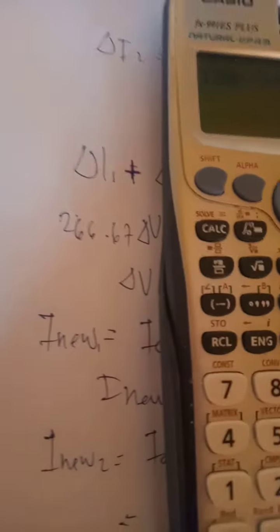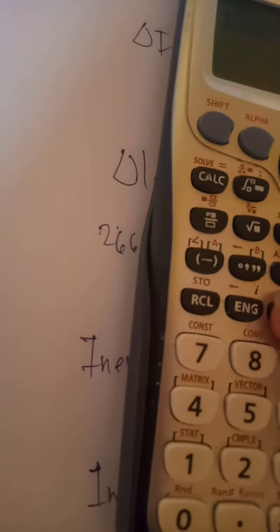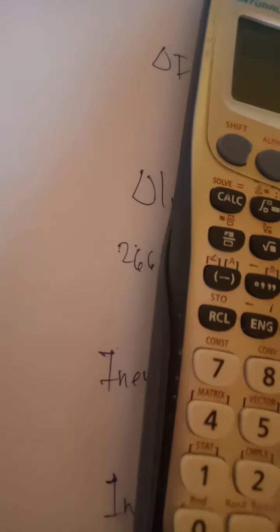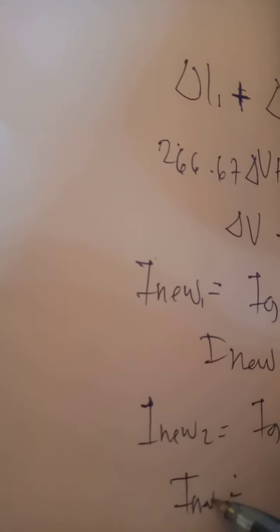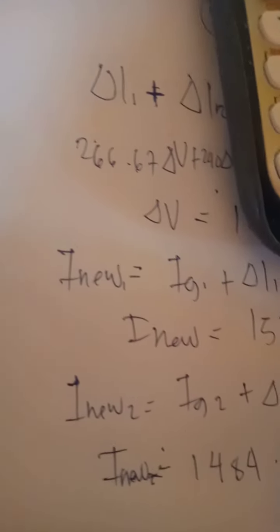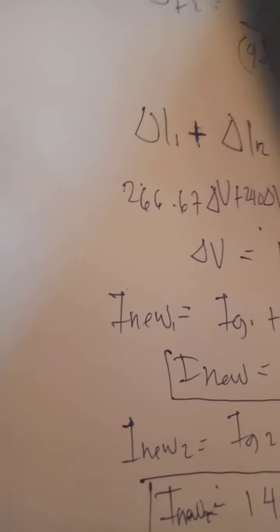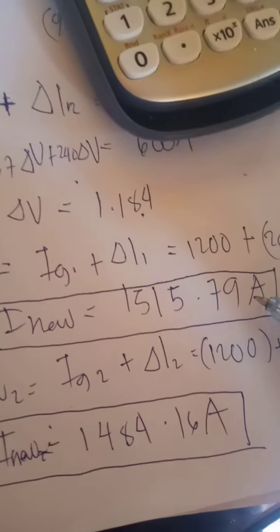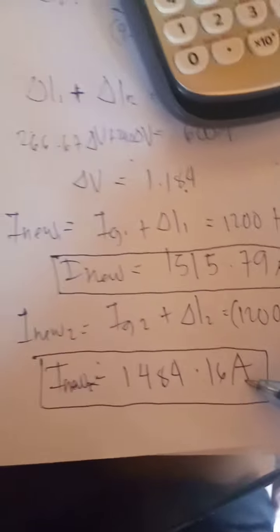Our I new 2 is 1484.16 amperes. So these are our new currents for generator 1 and generator 2, this one and this one.